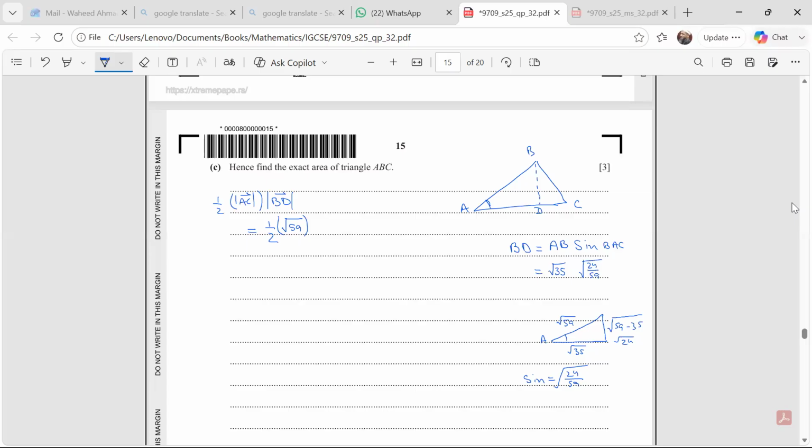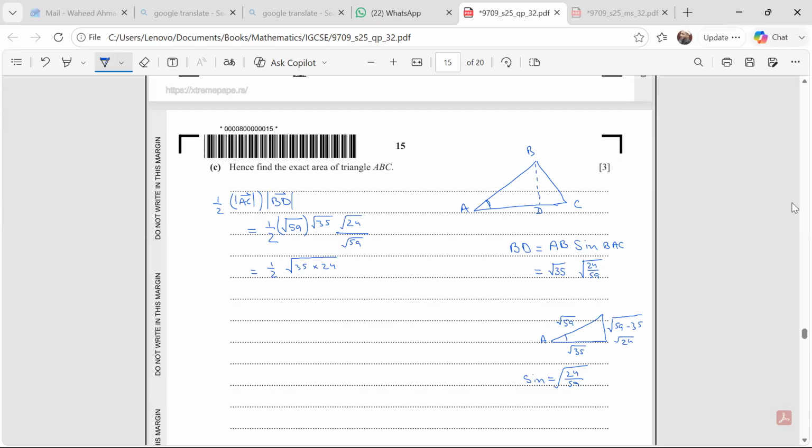So let's substitute this value. For BD, we have root 35 times root 24 divided by root 59. So root 59 cancels and my answer is going to be half times the root of 35 times 24.